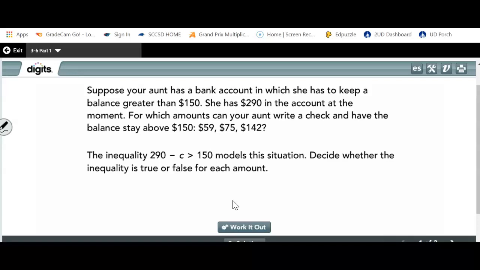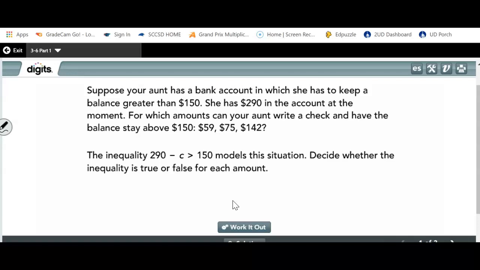Good. The amount of money you're going to take out to write this check is greater than $150. What does $150 represent? How much money should we stay above? Good. How much money we need to keep in our account so we don't get these fees?